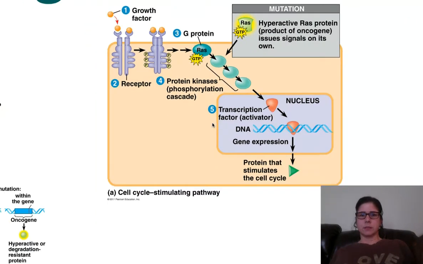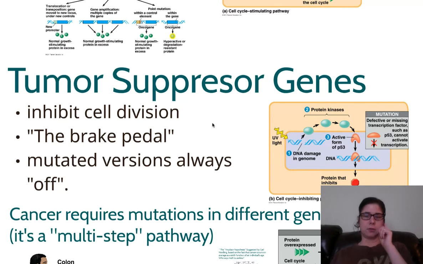But I want to show you the other one that you saw in the HHMI activity, the tumor suppressor gene. This is the analogy of putting your foot on the brakes of the cell cycle. Normally, these genes stop the cell cycle from proceeding through the next checkpoint. However, this is a gene that is recessive.